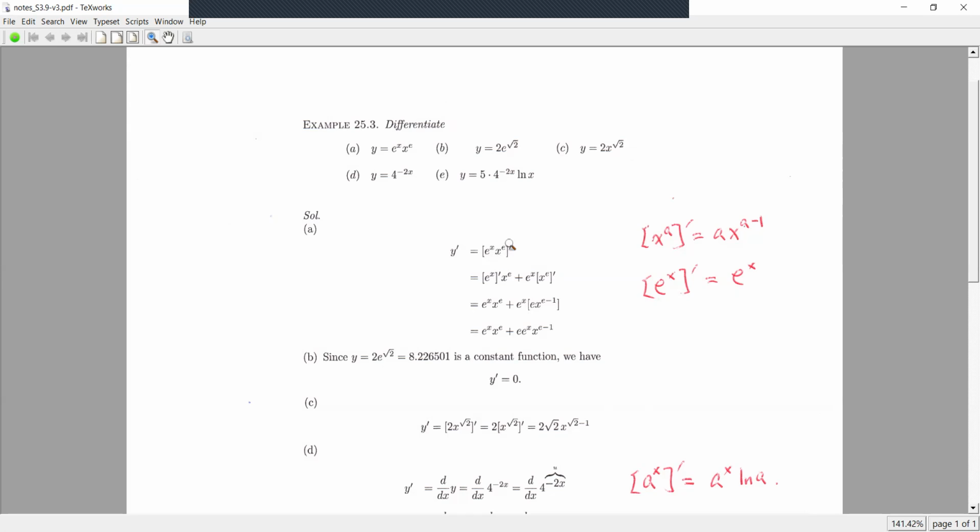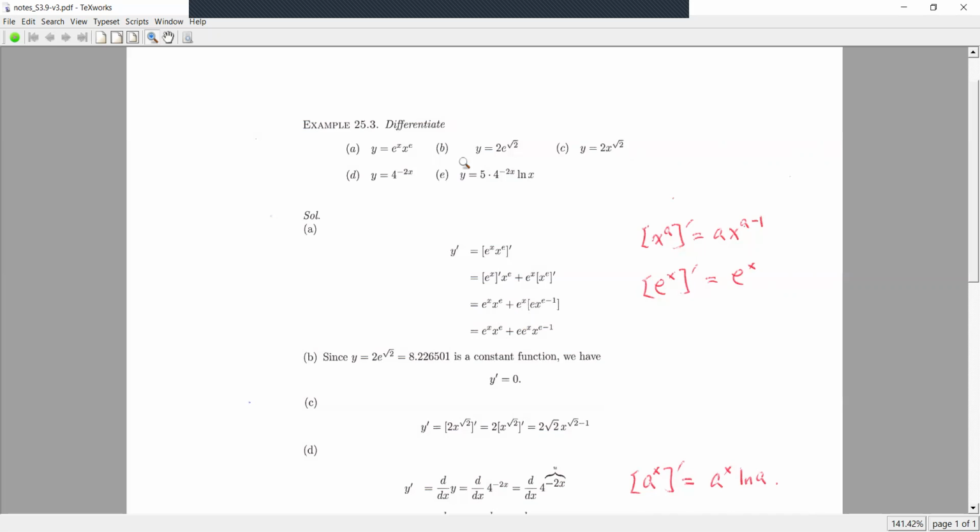Second function is x to e plus first function times derivative of the second function. e to x derivative by formula is e to x. x to e by the formula for power functions is e times x to the e minus 1. Now simplify this expression a little bit. I move this e in the front. Then this is the result to part A.